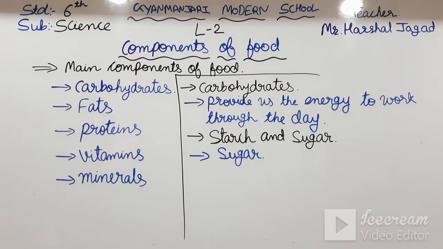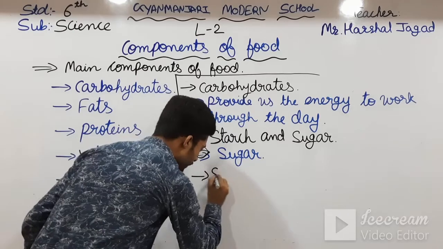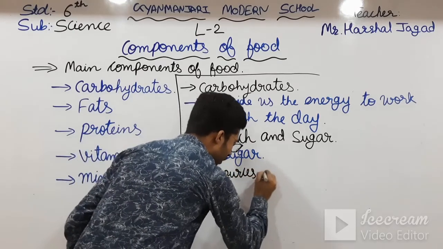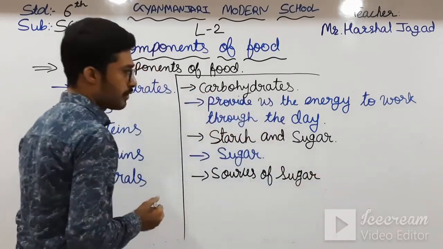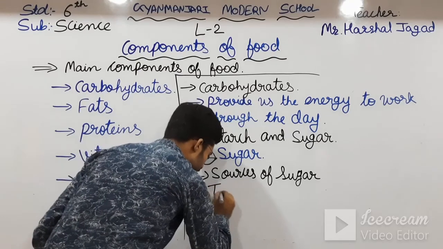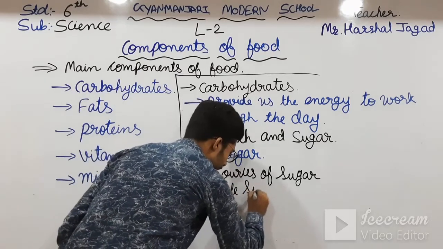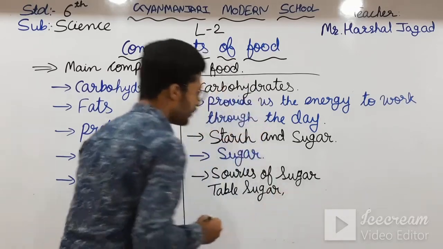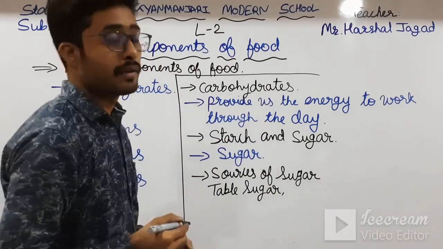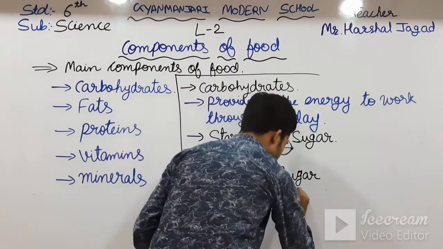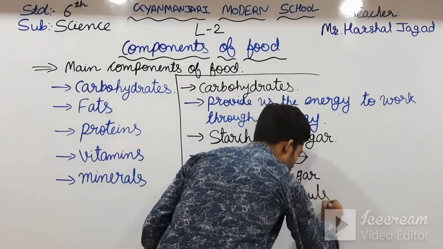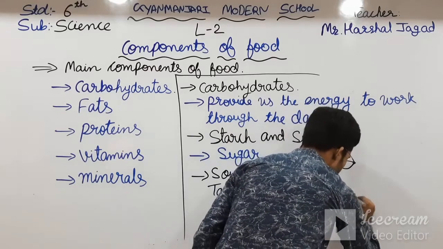The sources of sugar are table sugar, and as written in your textbook, table sugar, fruits and honey.